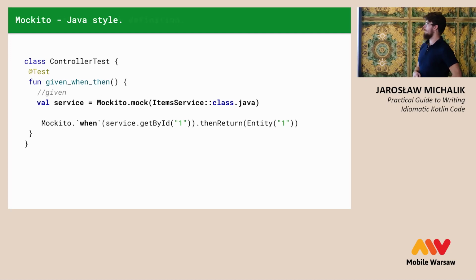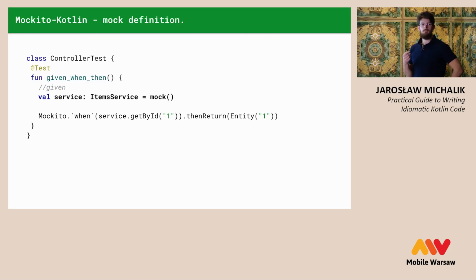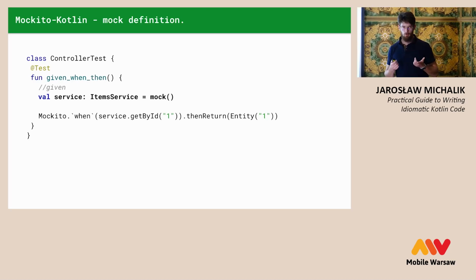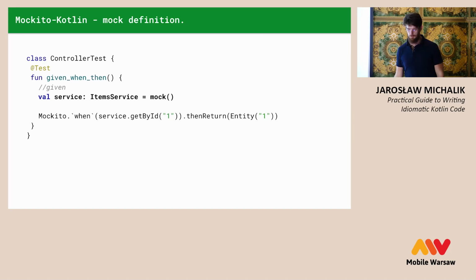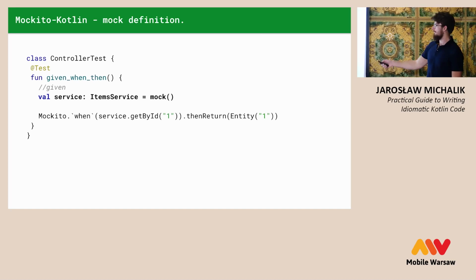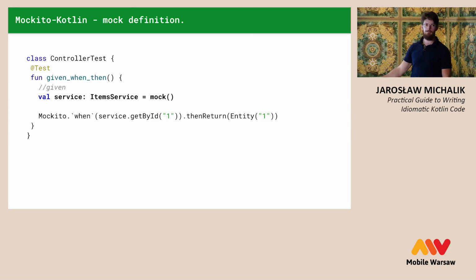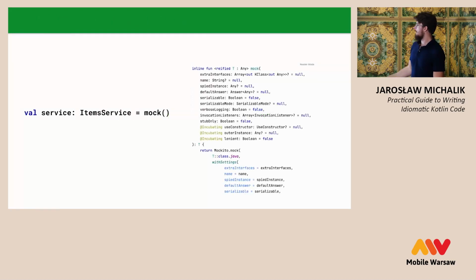So what can we do with it? We can introduce another library that sits on top of regular Mockito, and this is called Mockito Kotlin. For starters, with Mockito Kotlin, we are defining mock inline. This is a reified function. The implementation of all of this is just returning stuff to the regular Mockito.